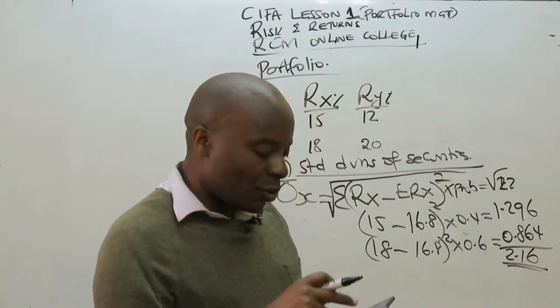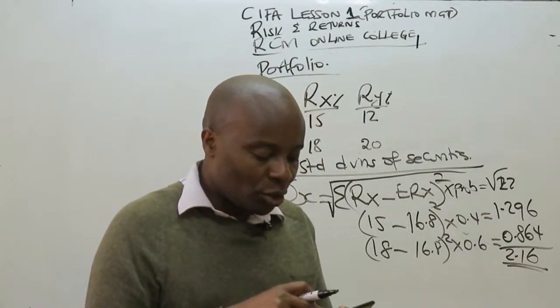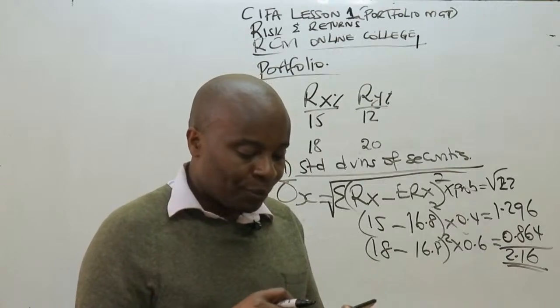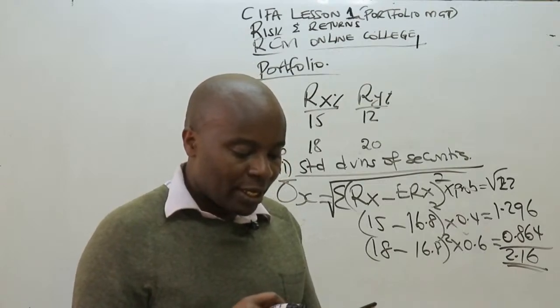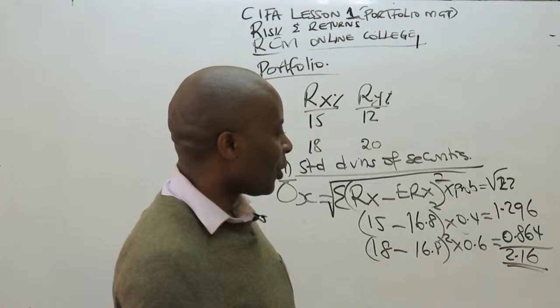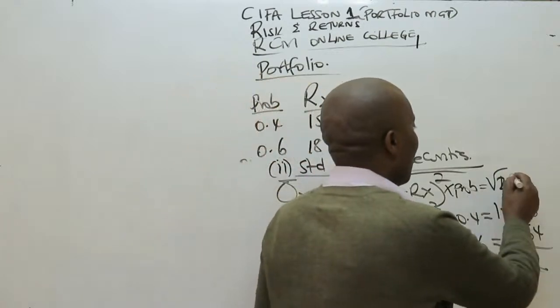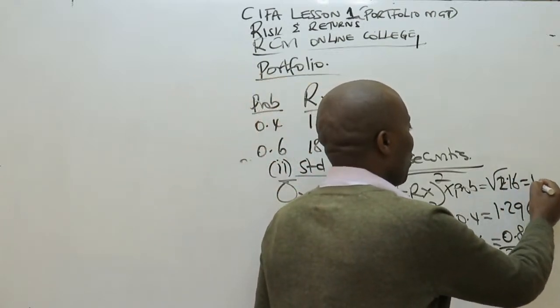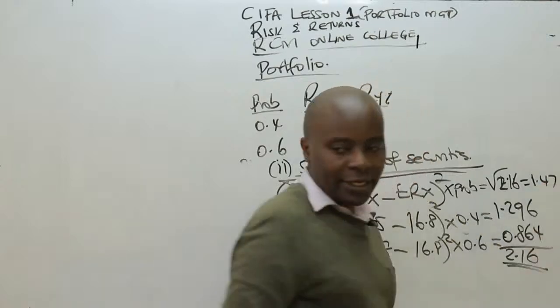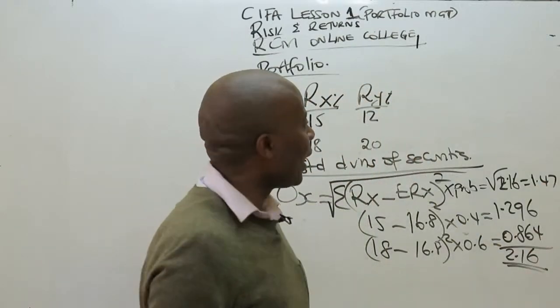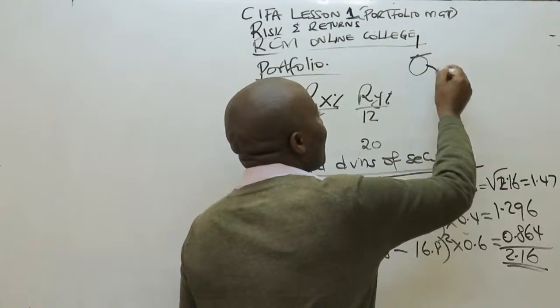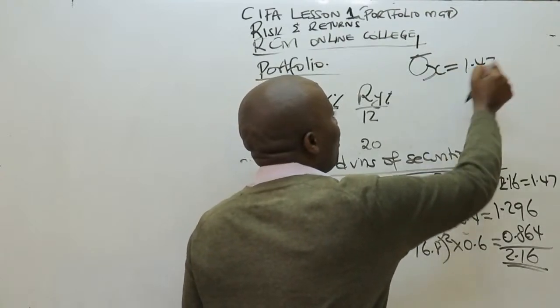Square root of 2.16, yeah, it's 1.47. I'll have to save this somewhere. Standard deviation of X is 1.47.